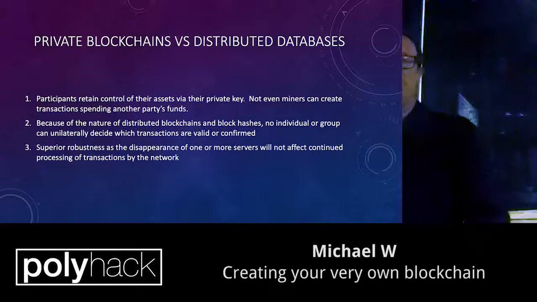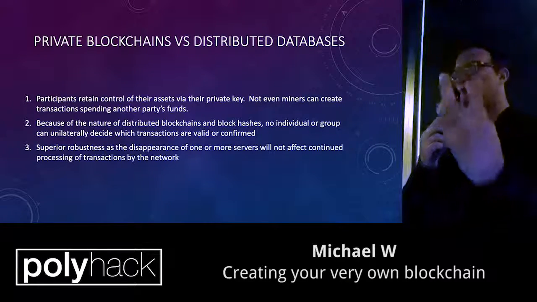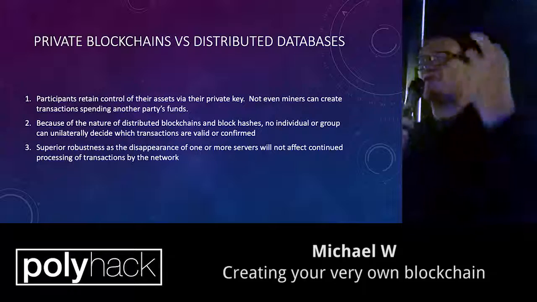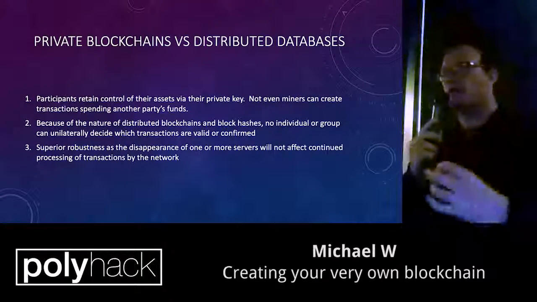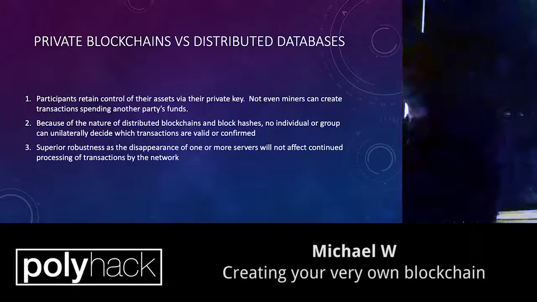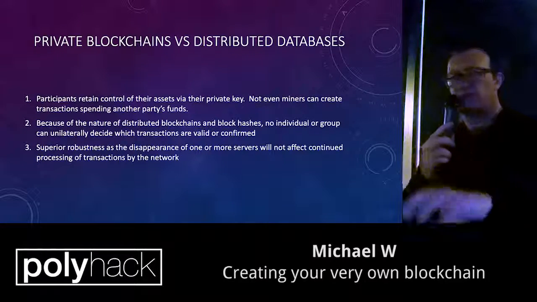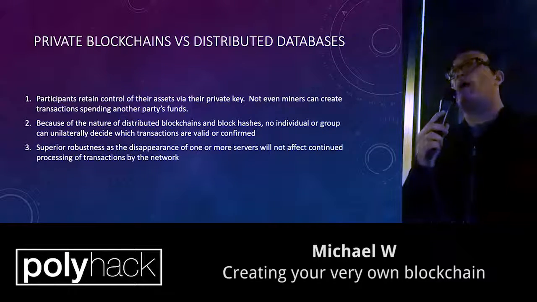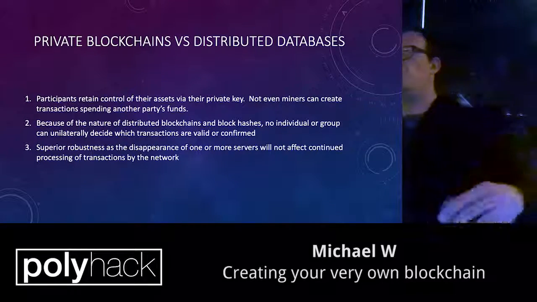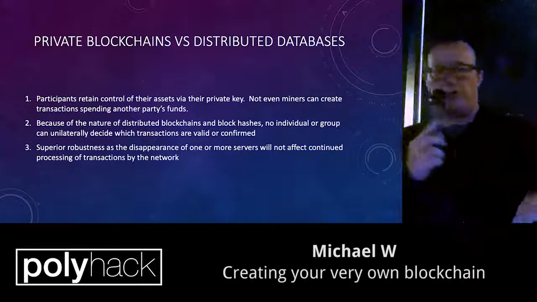With private blockchains, because there needs to be a consensus on which transaction is valid or not, and those transaction ledgers are distributed across a whole bunch of servers, it becomes impossible for one individual to meddle with the transactions, because the rest of the servers have to agree on that.